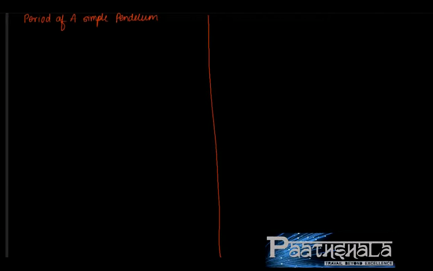We have found out the period of a simple pendulum in SHM, but here what we are going to check is how does the period vary when we heat or cool the pendulum. So when temperature changes, how does the period vary? This is what we are going to see.